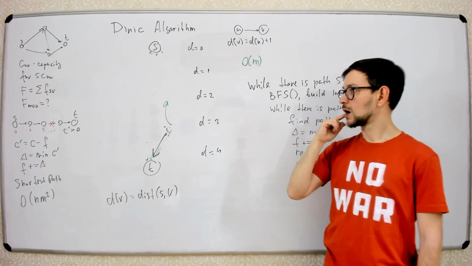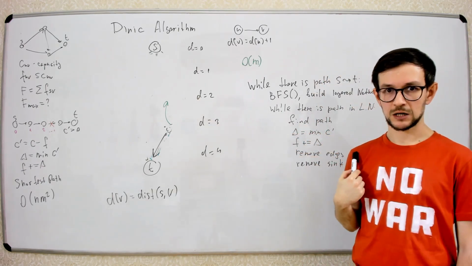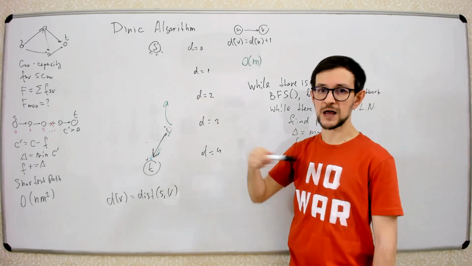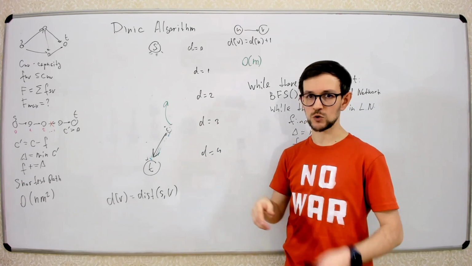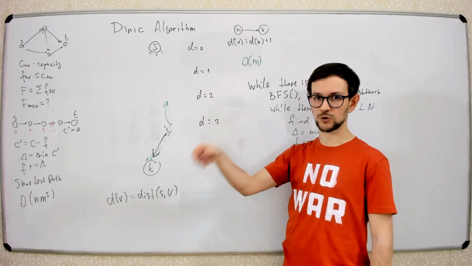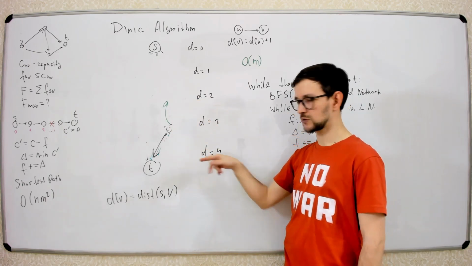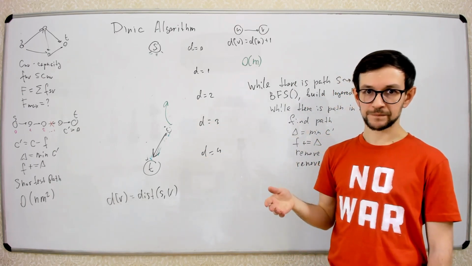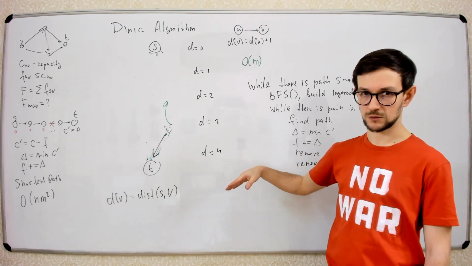But these edges cannot decrease the distance to T. These edges cannot be used in any shortest path from S to T. You only add edges going from the farthest node to the closest node, and edges like this cannot be used in the shortest path to T. So the residual network will be changed, but it will not affect the layered network.